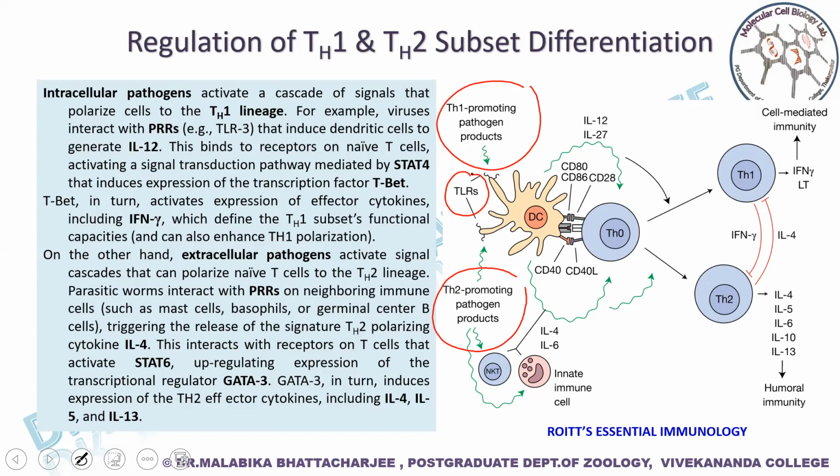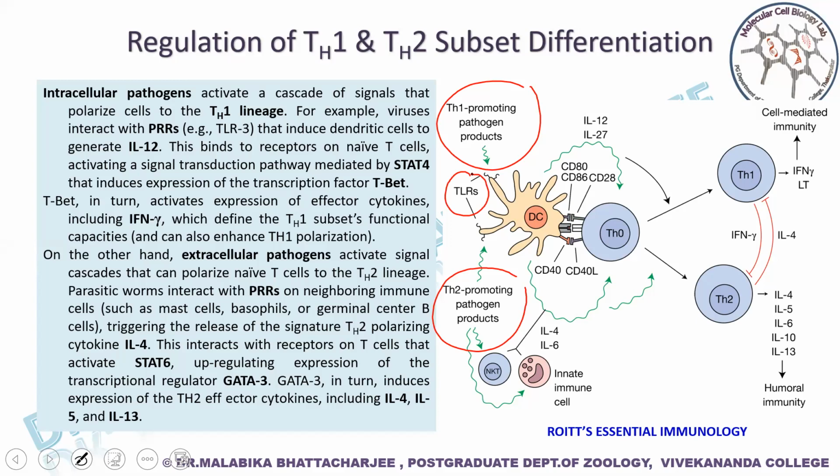So it's not one receptor. There are multiple receptors and each receptor has a defined signaling pathway and each receptor can recognize a defined pathogen associated molecular pattern. So that is how the recognition is done. It is not one receptor which is distinguishing between both TH1 PAMP and TH2 PAMP. So we have separate receptors.